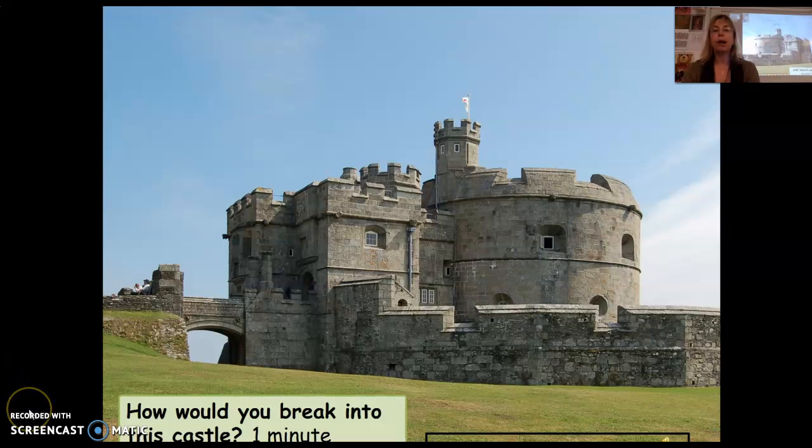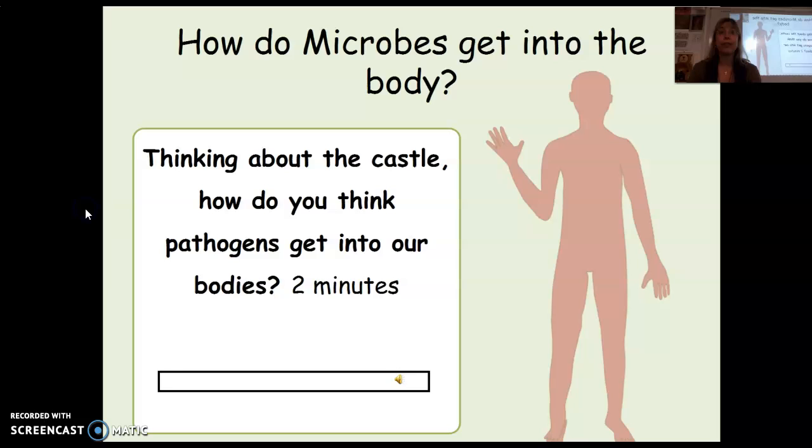Okay, so take a moment and think about it. Year 10s, you've identified that coming in through the doors, through the windows, through the roof would be the obvious places to come in. And our bodies too have some obvious places where it is easier for pathogens to enter our body.